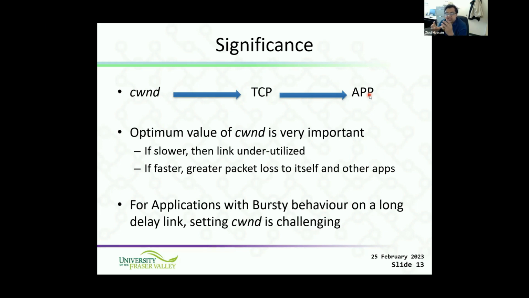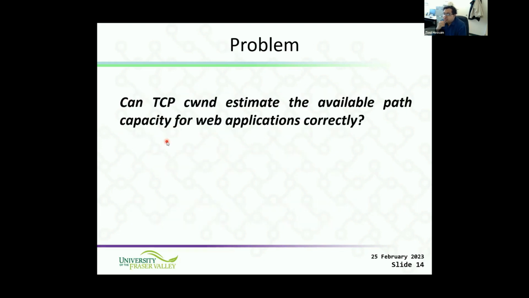If it has a very conservative low value, the application performance is very low. If it has a very high value, even then the application performance is low because there will be a lot of losses. So we should have some optimum value, something in the middle. This is how normally the congestion window works.